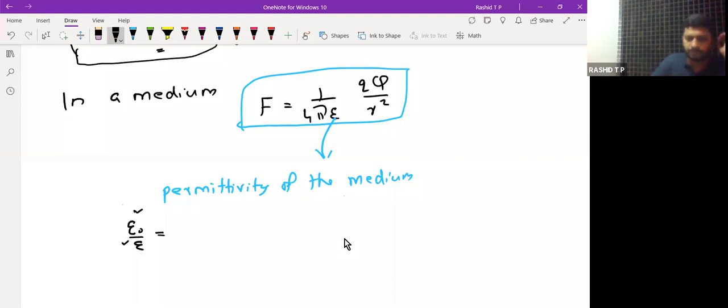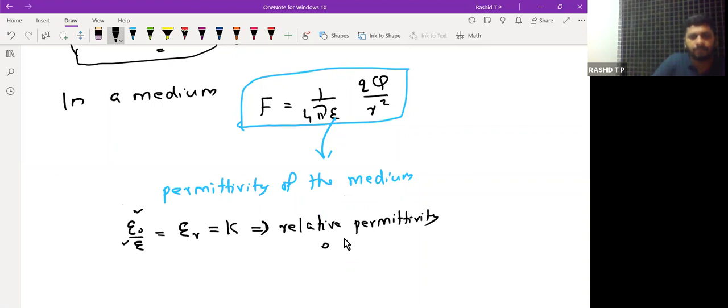We call this the relative permittivity or dielectric constant. We will call this epsilon r or K. This is called the relative permittivity or dielectric constant.